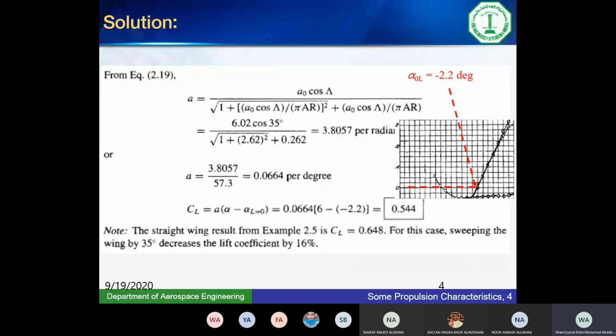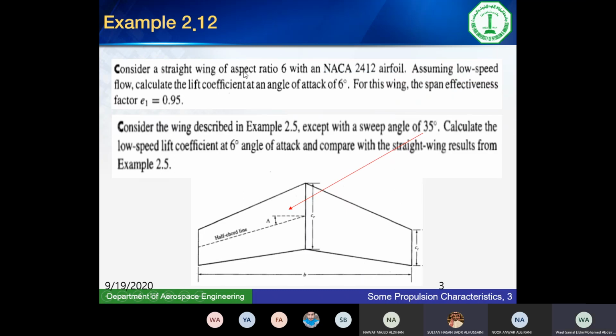Okay, Shabab, any questions? Doctor? Yes. Now for the previous example, which is 2.5. Yes, that's the one. The wing was straight, right? Right. So why does it differ from the CL on the graph? Very good. Very valid question.